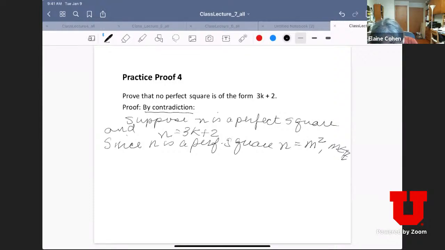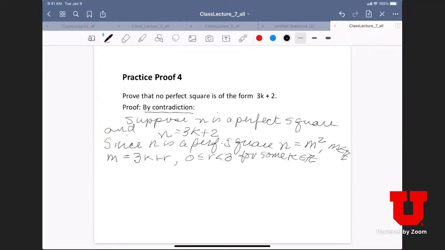Now we use the division theorem. m is equal to 3k plus r, 0 less than or equal to r less than 3, for some k in Z.